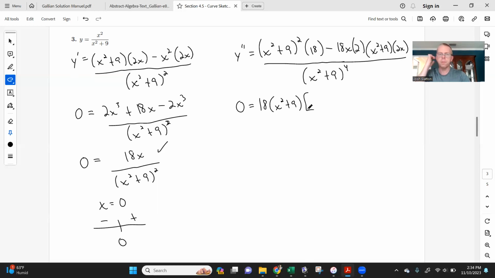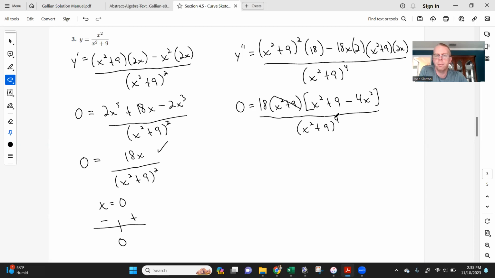Now we have x squared plus 9 is the only thing left in that one. Minus, we have x times 2. The 18 is factored out, so we just have 2x times 2x, which is 4x squared. And all of that is over x squared plus 9 to the 4th.